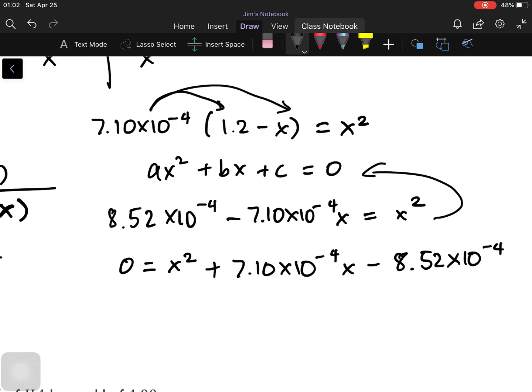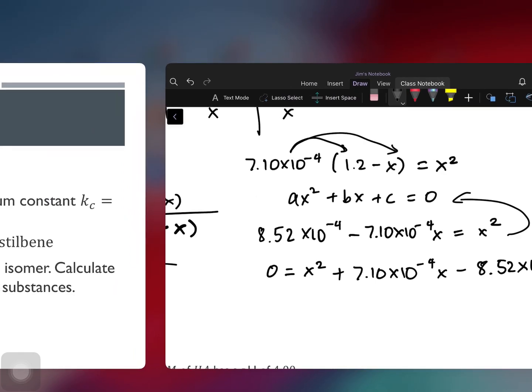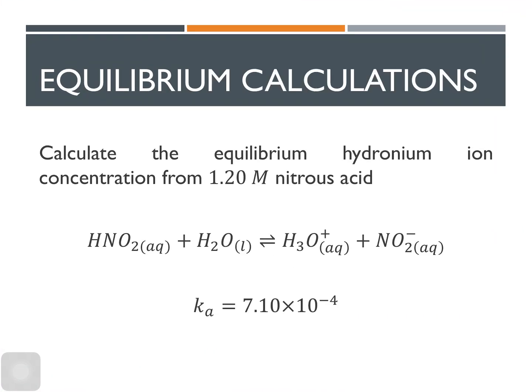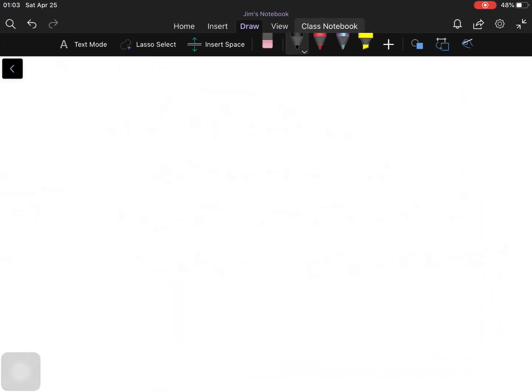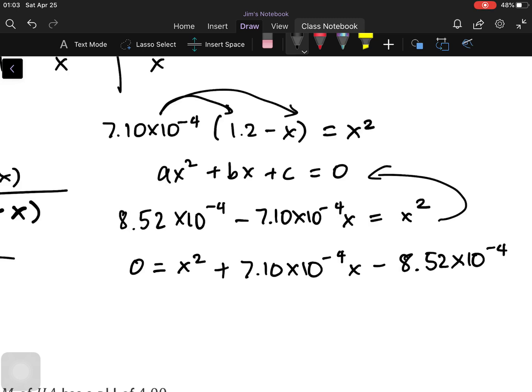So what is the equation to be used? So this is the quadratic equation. You have to take note of that. Negative b plus or minus the square root of b squared minus 4ac, over 2a. However, I'm going to use the equation function of my calculator.